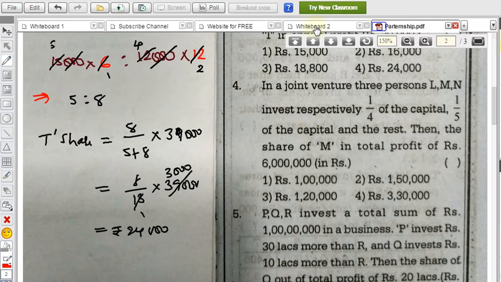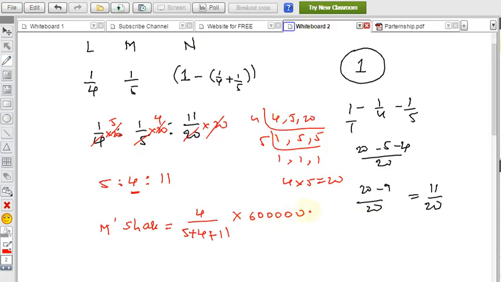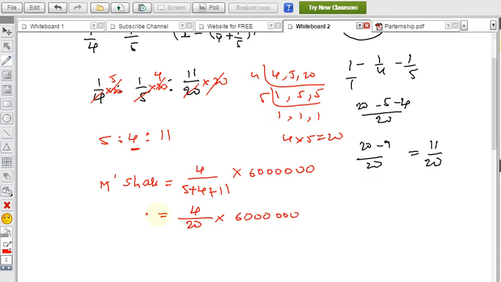After 6 zeros. So you have to simplify this value. Now 4 by 20 into 6 zeros, you have to cancel this and calculate. 2 ones are 2, 2 twos are 12. So 12 lakhs. Out of 60 lakhs, 12 lakhs is M's share.